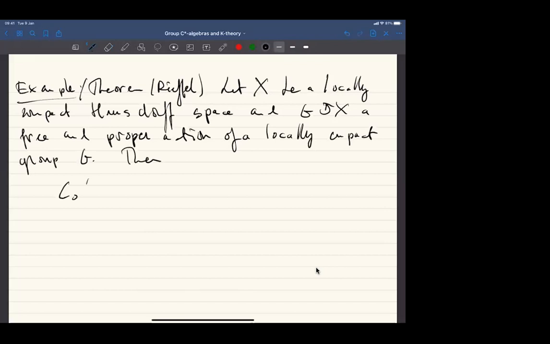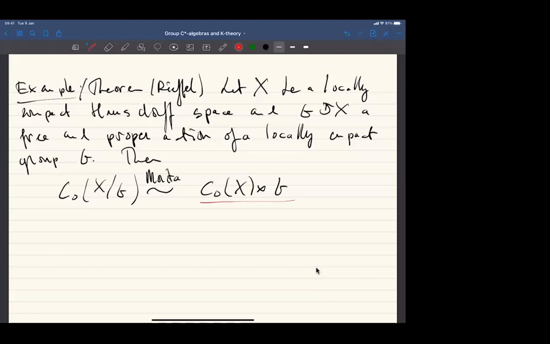Then the C0 functions on the quotient space X mod G, which is a nice locally compact Hausdorff space because the action is free and proper on X, so that's a nice space of functions, is Morita equivalent to the crossed product of C0 of X by G. And this crossed product we constructed in the previous lecture. An important thing to notice is that this object exists for any action.